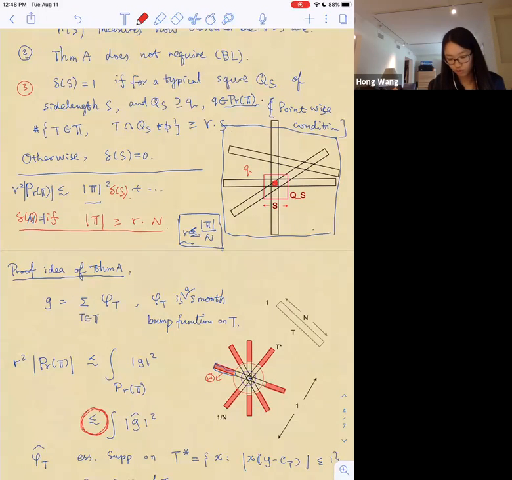When the number of tubes is too small, this inequality will be a big loss, because this inequality includes not only those R-rich unit balls, but also includes, say, the unit balls that might not have other tubes intersecting it.